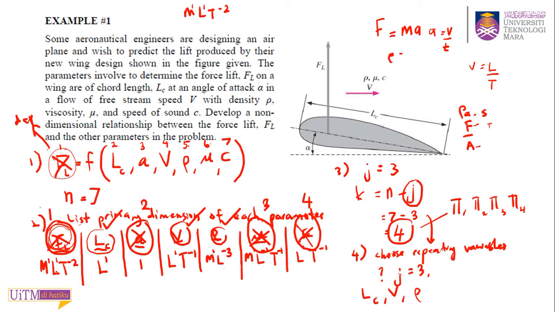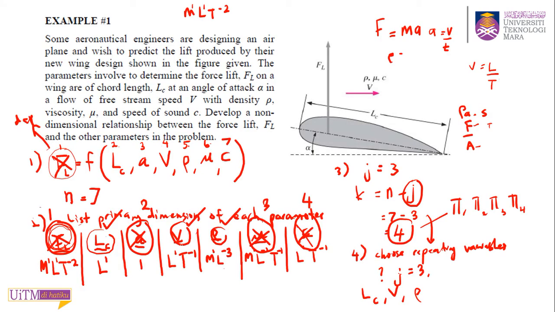We know the pi is a dimensionless parameter, so M0, L0, T0. This will equal to the FL. The primary dimension for FL is M1, L1, T minus 2. So you write that again: M1, L1, T minus 2. This is for FL.